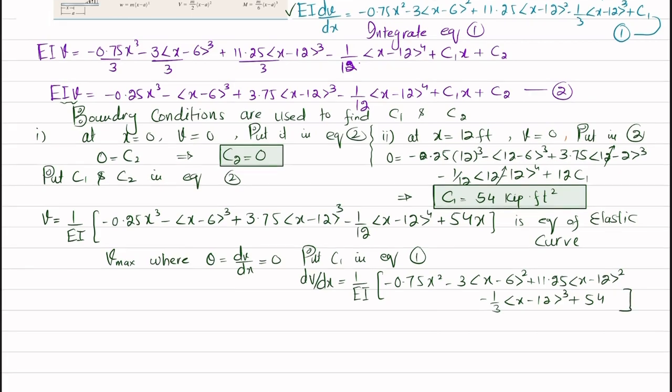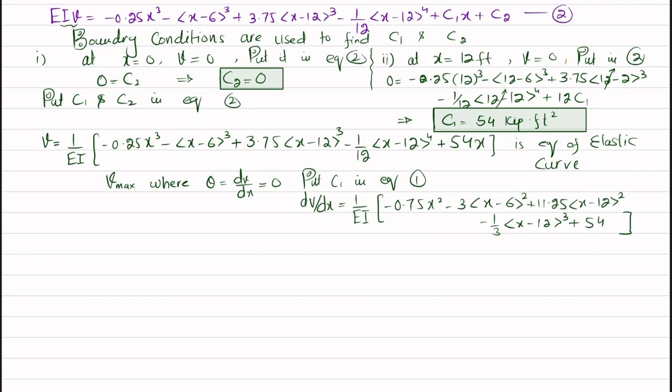Okay. Now if you put dv over dx equal to 0, you will get the value of x where v will be maximum.